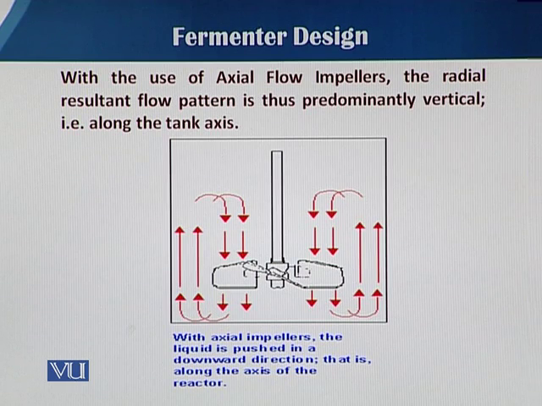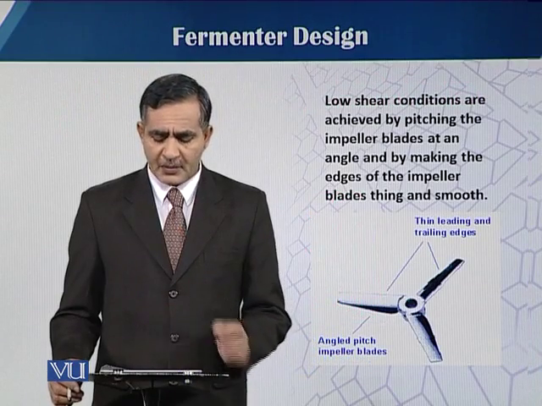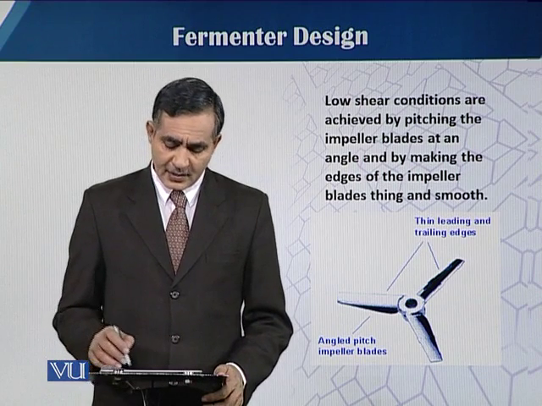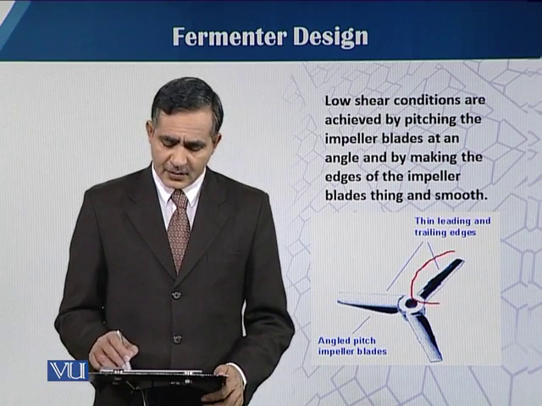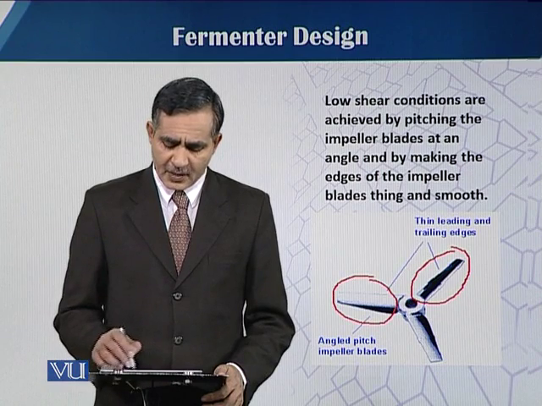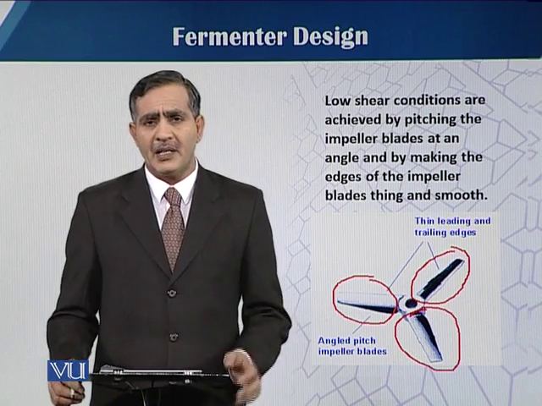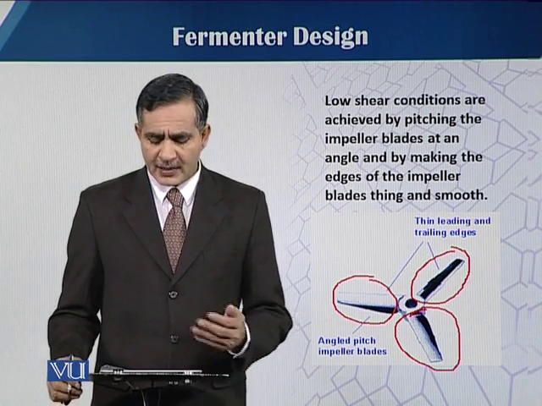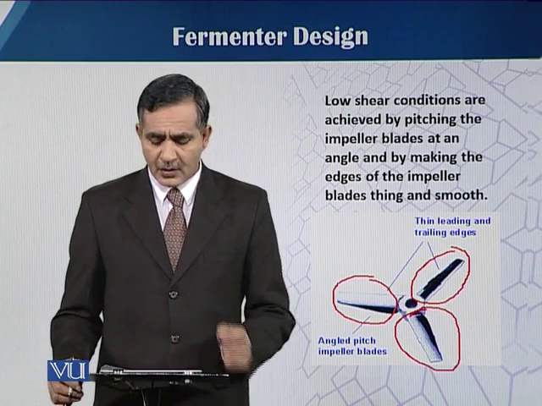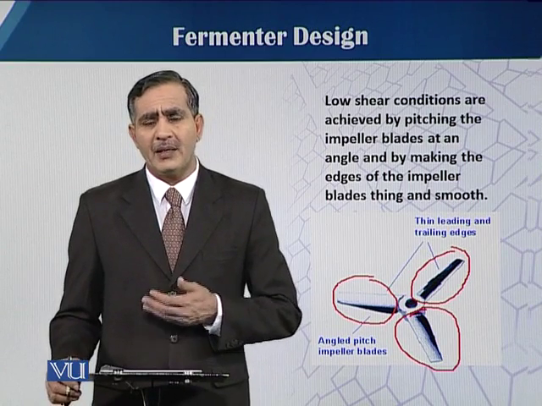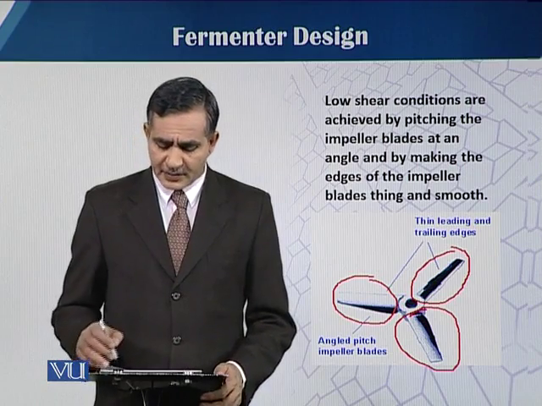The low shear conditions are achieved by pitching the impeller blade. You can see in this picture that it looks mostly the same as our ceiling fan blades. That's why there are low shear conditions, and they tend to cause less breakdown of the air bubbles.